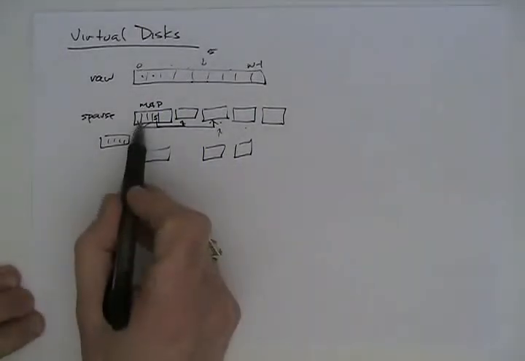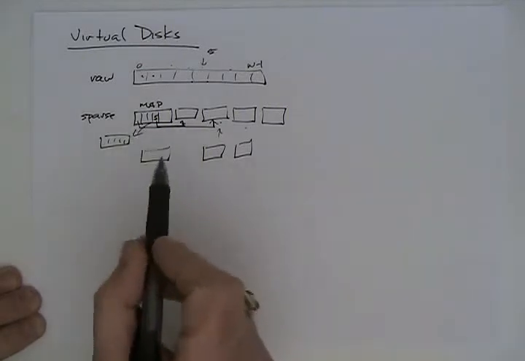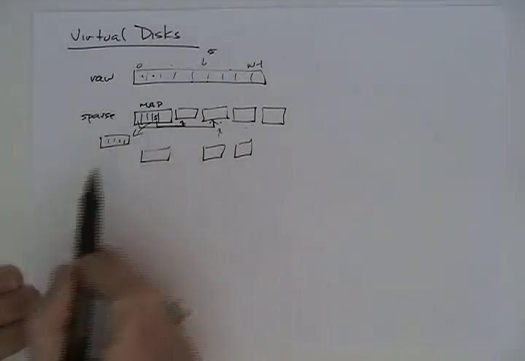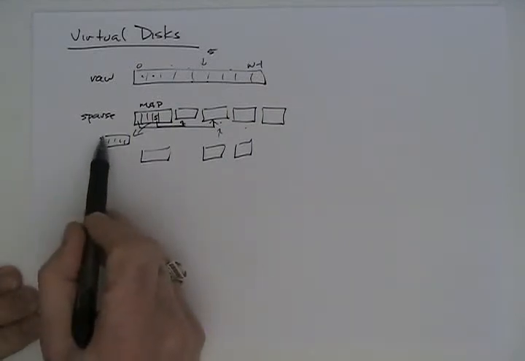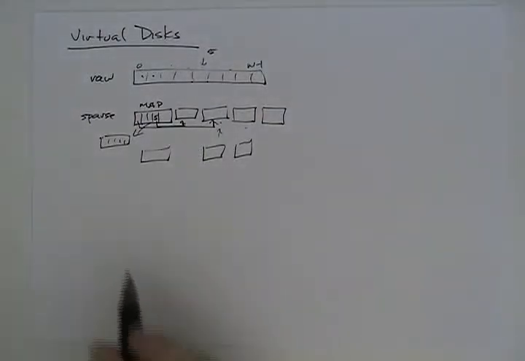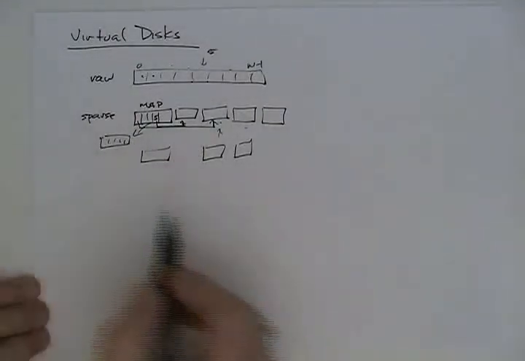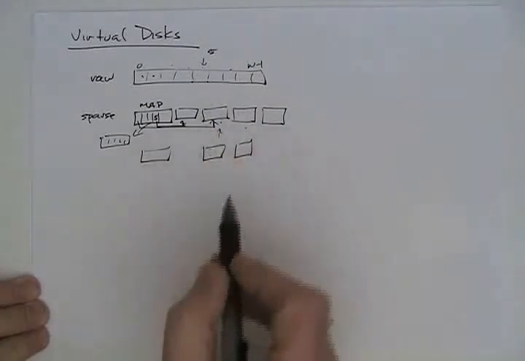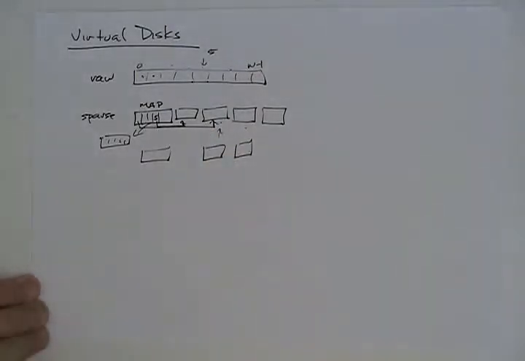So essentially we're able to keep multiple versions of the state of that virtual machine by keeping a copy of this map and making sure that after a snapshot operation we do copy on write to any modified data.